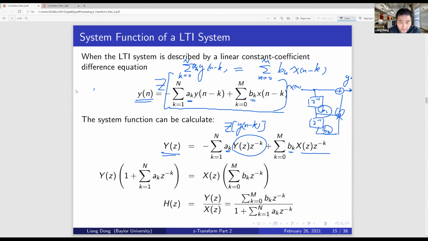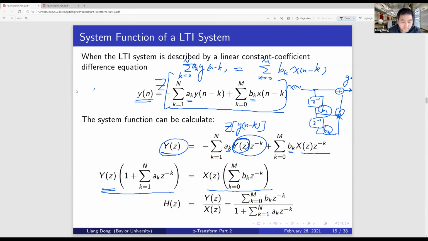And then similarly, we put all these y's on the left of my equation, and x's on the right side of my equation. So we got that. Now, because I have Y(z) here, I have Y(z) here as well, multiplied by z to the power negative k. So it's very easy for me to pull this Y out of this entire combination.